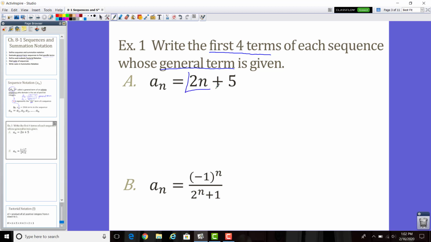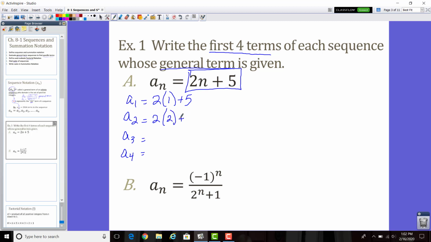So this general term right here is describing a very specific sequence. If we want the first 4 terms, we want a sub 1, a sub 2, a sub 3, and a sub 4. Okay?